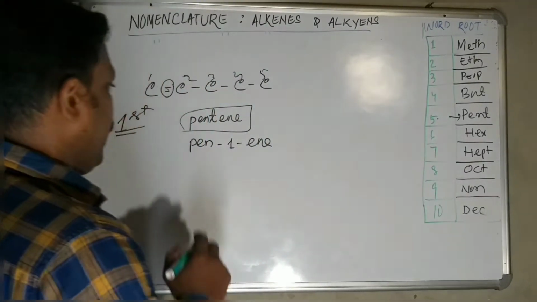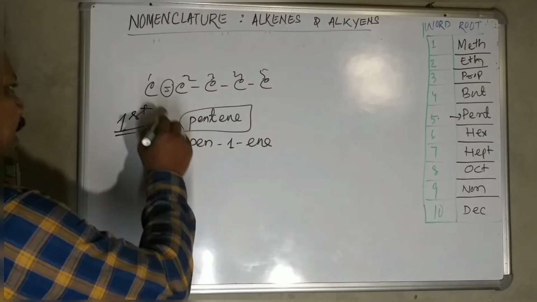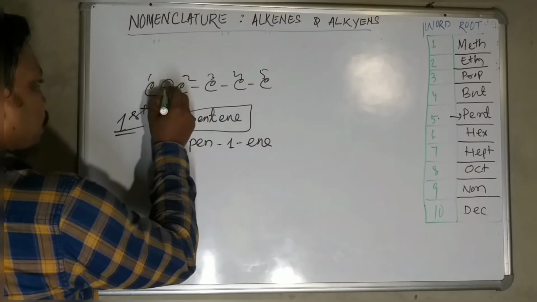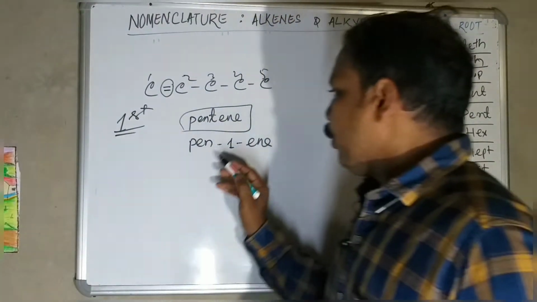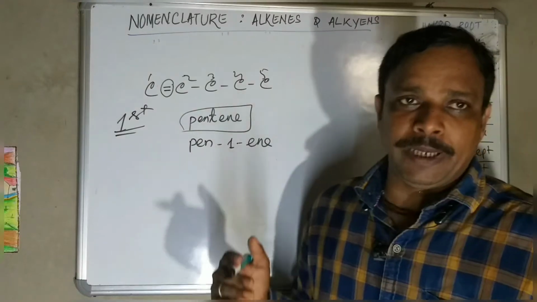When I write 1, it represents that the double bond is at the first position. If we ignore it, it cannot show where the functional group is present.